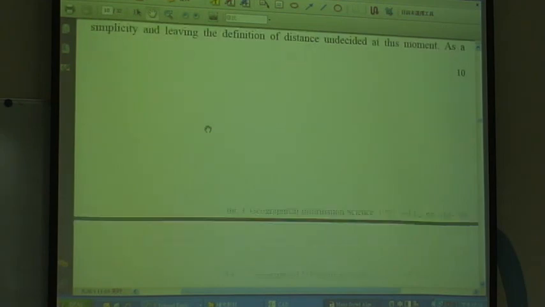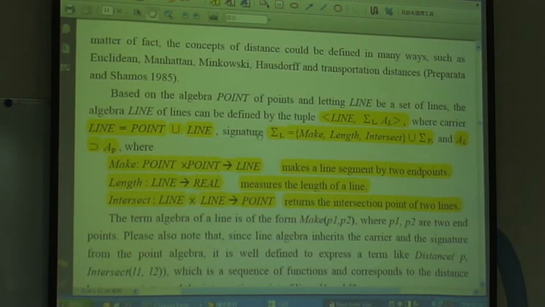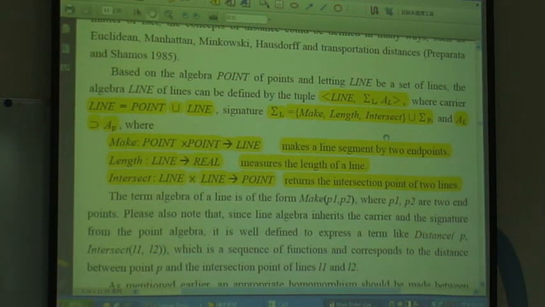Also, we can do it. We can define a line as sigma L and AL. So the line is a point union line, and the union is you can define a make, length and intersect. Okay, that make is a point.